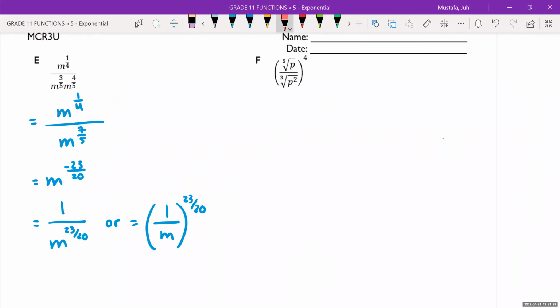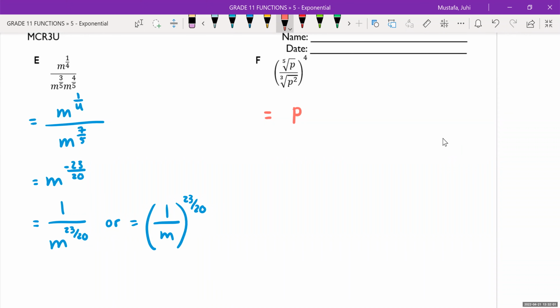Let's go on to question F. Question F is a lot more complicated because now we have today's new lesson, or actually technically yesterday's, because we were supposed to do it over 2 days. And we have to change all of these radical forms to exponential forms. So we're going to take it one step at a time. Let's look at the numerator. The numerator is going to be p to the power of what?